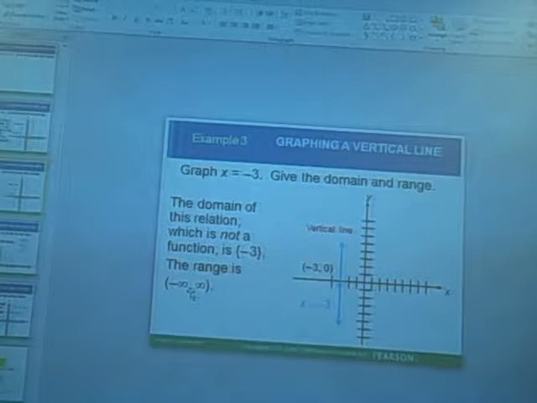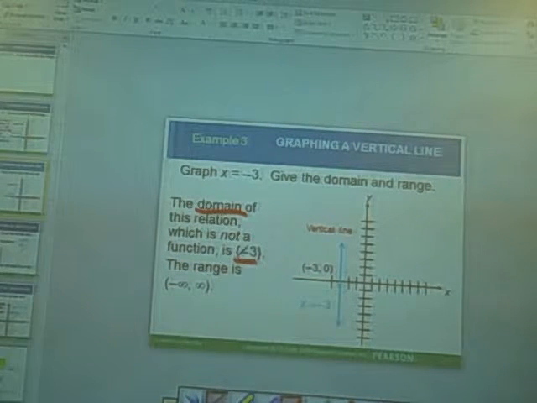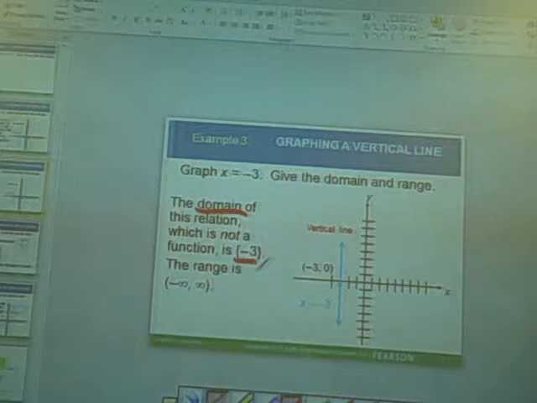Whereas here, they're talking about the domain. Now they use curly brackets, but these are closed, so I guess they're looking at it in terms of set notation, but in reality it should be a closed bracket like that.